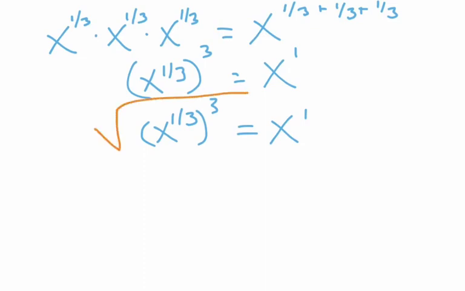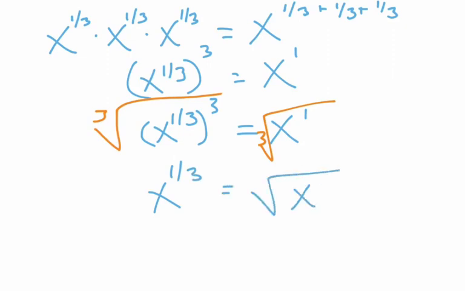So on the left-hand side, I'm going to take a cube root. Golden rule of algebra, whatever you do to one side of the equation, you have to do to the other side. So I have to cube root the other side as well. On the left-hand side, the cube root and the cubing undo each other, and we are left with x to the 1/3. On the right-hand side, we have x to the first power, and we're taking the cube root.